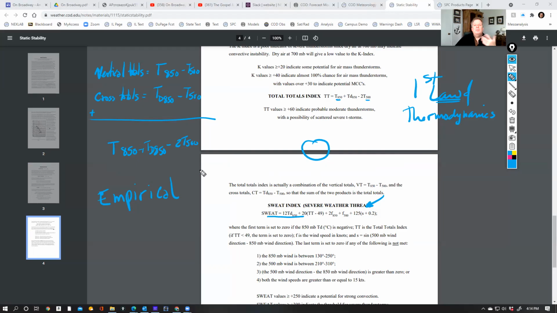Empirical is just to help you understand. It's not nearly as important as anything derived from the first law or from a law of science. So the hydrostatic equation, instability is all derived from basic principles. This is empirical. We said, hey, this seems to work. Okay, so sometimes you'll have a high total totals and there'll be no thunderstorms, whatever. Okay, just a way to do this.